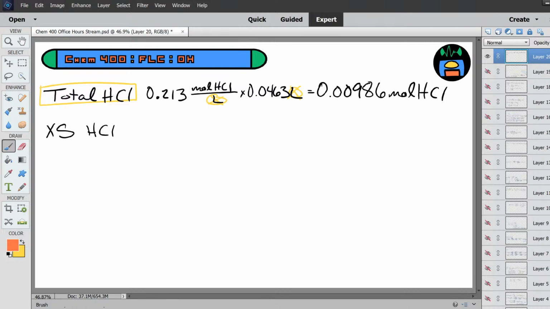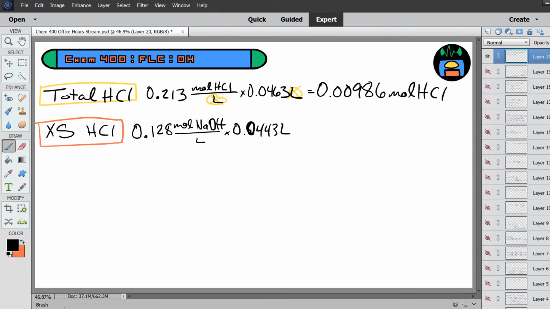Now, let's find the excess HCl. All right, our excess quantity of HCl, which we can find with the amount of sodium hydroxide that reacts. So 0.128. Now technically these are moles of sodium hydroxide per liter times our volume of sodium hydroxide converted to liters, 0.0443. Now why did I say this is how we find excess HCl?